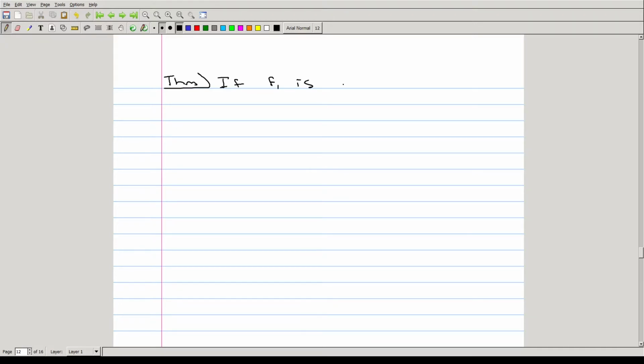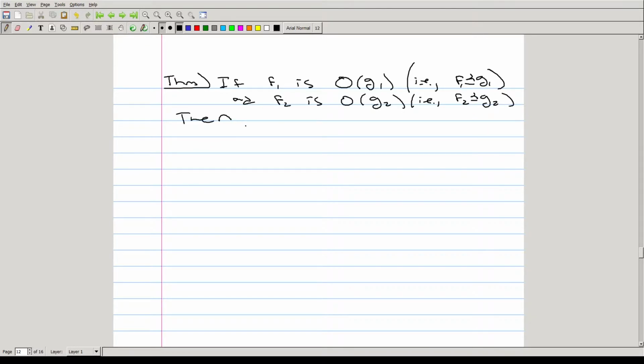If a function f1 is big O of g1, in other words, f1 is dominated above by g1, and f2 is big O of g2, then we can say definitively that f1 plus f2 is big O of g. g is a specially constructed function. g is the maximum function of g1 and g2.